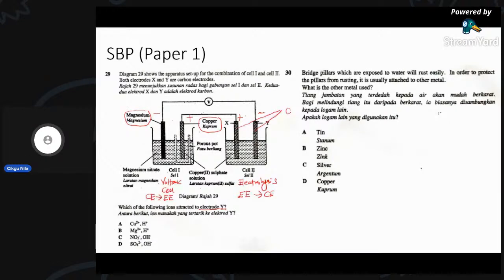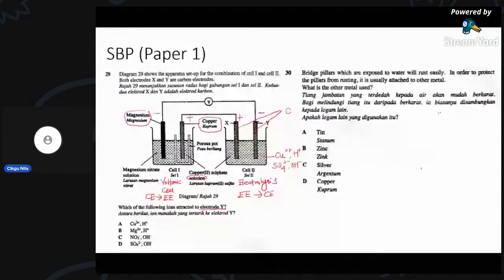What is the solution? Copper sulfate solution. So if you see the ions in copper sulfate solution are Cu2+, H+, sulfate ion, and OH- ion.